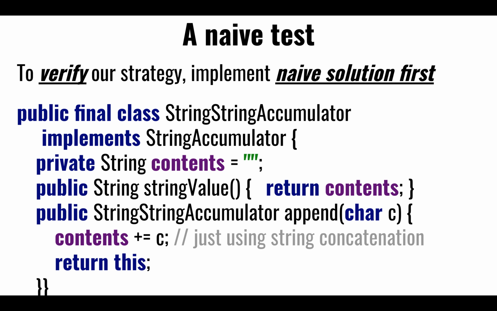All right, so our first naive implementation is basically going to implement the already existing, terrible, non-scaling solution. We're just going to use the standard out-of-the-box concatenation. If we want to append a character, we're just going to use the same concatenation operator that comes out of the box in Java.